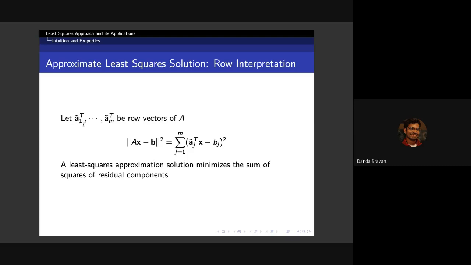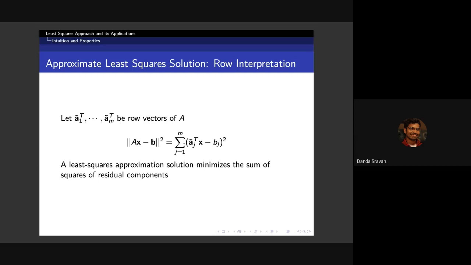So if I have the row vectors as this, then the norm squared can be rewritten as the sum of squares of these dot products of the x vector with the corresponding row vectors minus this constant bj. So the least squares approximation solution gives me something which minimizes the sum of squares of the residual components given by this. So this is not very useful as such.